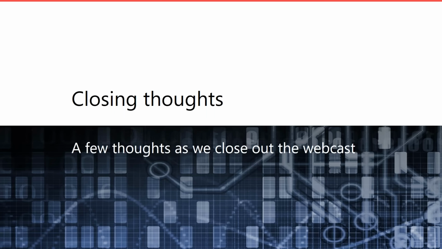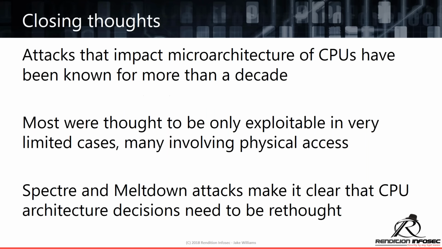And so I want to give you a couple closing thoughts as we close this out. Look, again, I mentioned before, I don't think this is the last CPU attack. Attacks that impact microarchitecture have been known about for more than a decade, right? This is not new. The idea is not new. Practical exploitation is. In most cases, these were thought to only be exploitable in very, very limited cases, including some physical access.